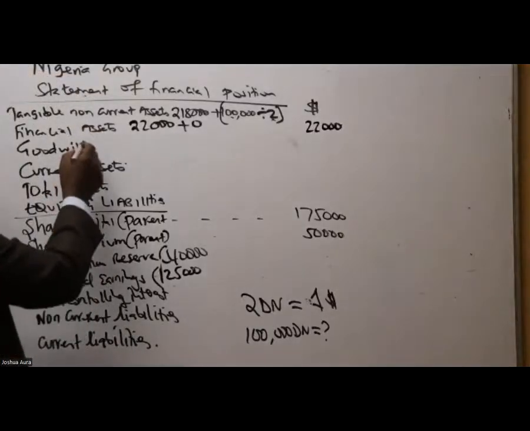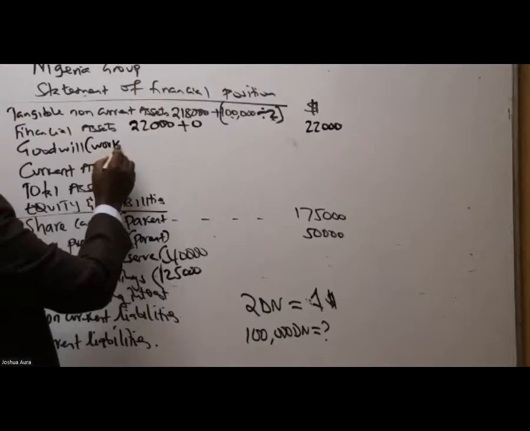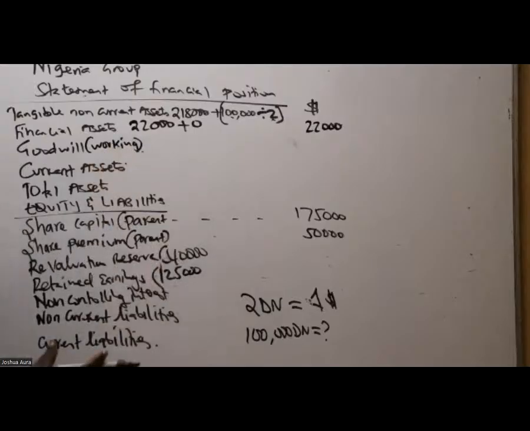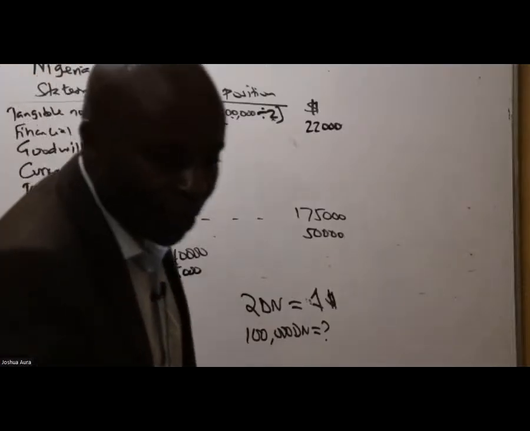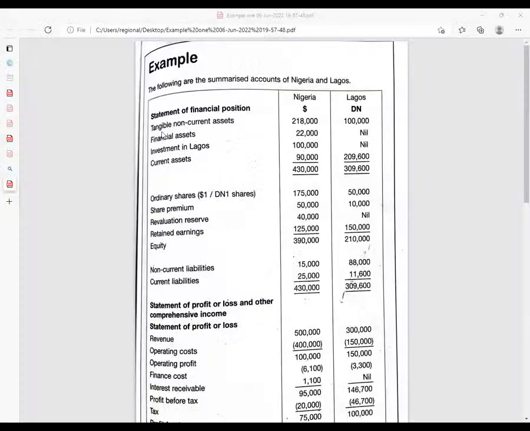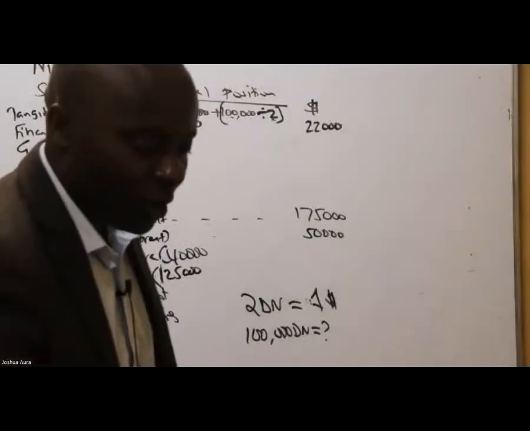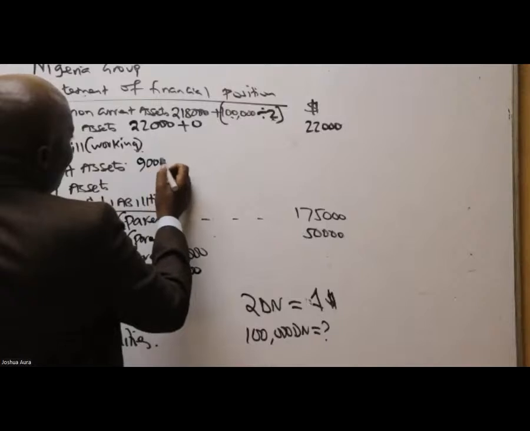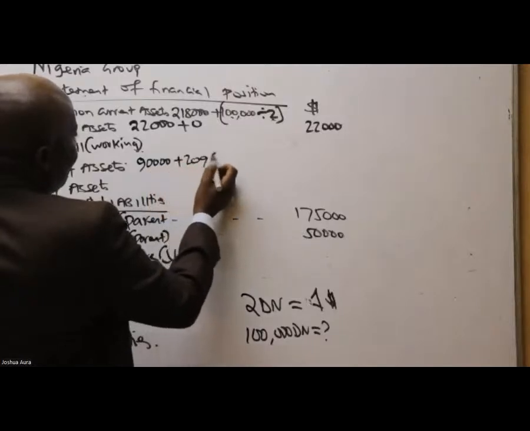Goodwill, of course, we need a working for this. I'll be doing the working later. Now go to the current assets and combine them. So current assets, I can see 90,000 plus 209,600.